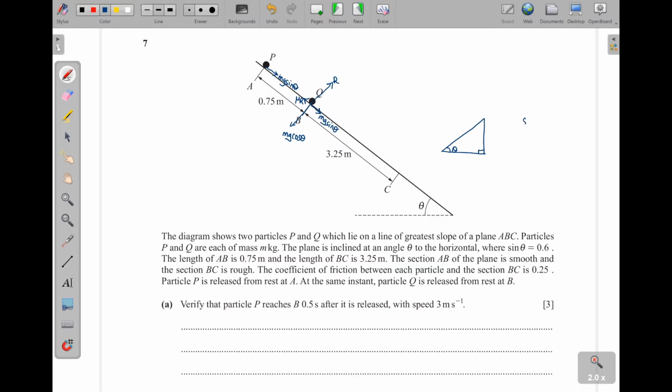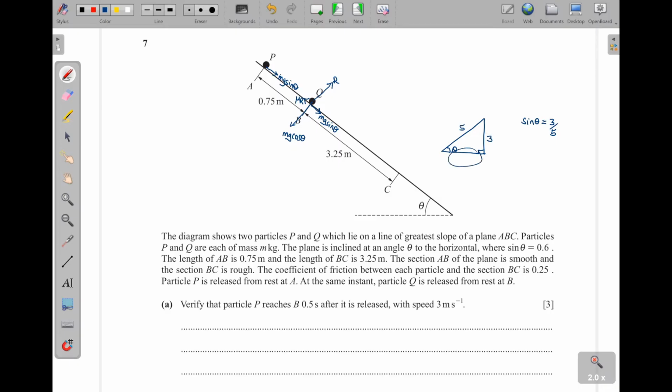Now, sine of theta is equal to 0.6, which is the same as 3 over 5. Sine theta is opposite over hypotenuse.